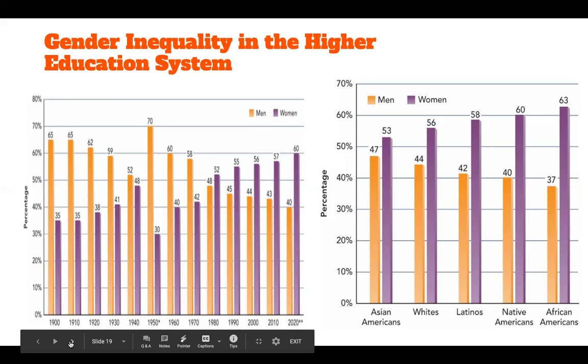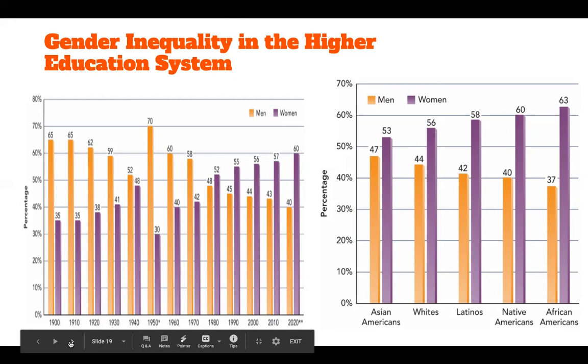Why are they less likely to enroll? Why are they more likely to quit? Should we be concerned? And there are growing numbers of grants and programs and resources that are being targeted towards men, keeping men in college, getting men to enroll in college.